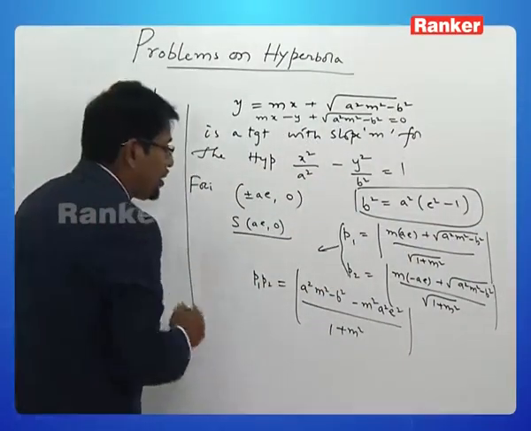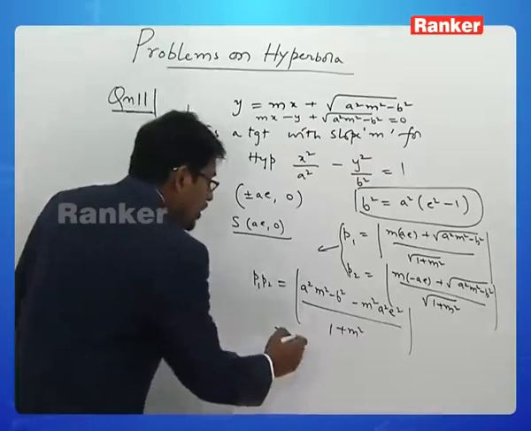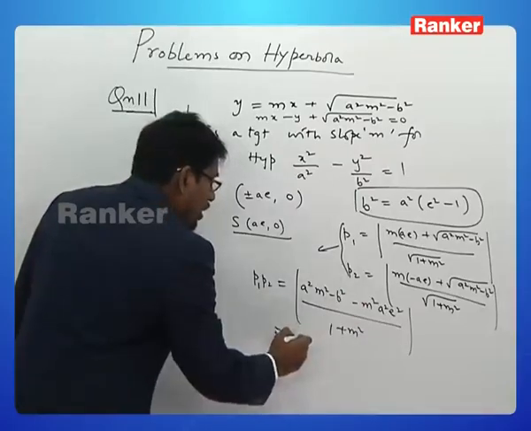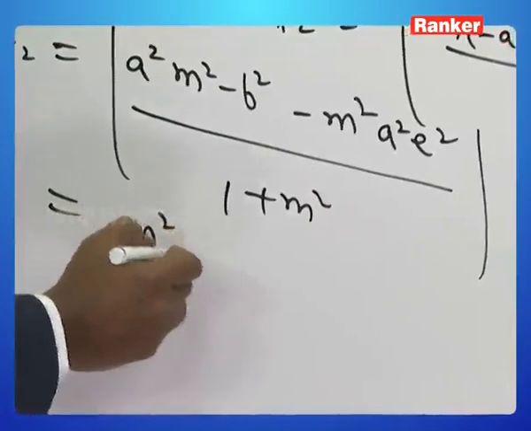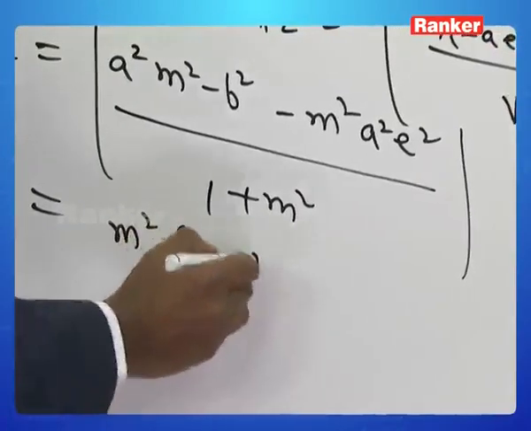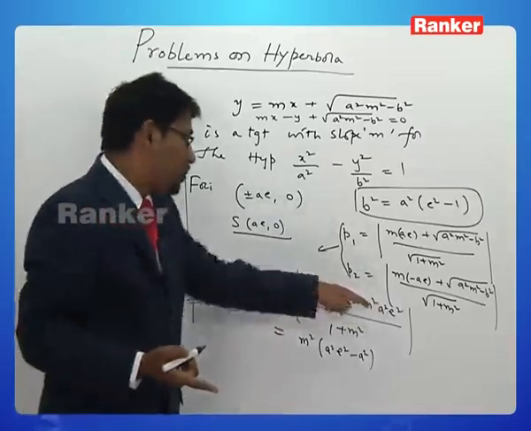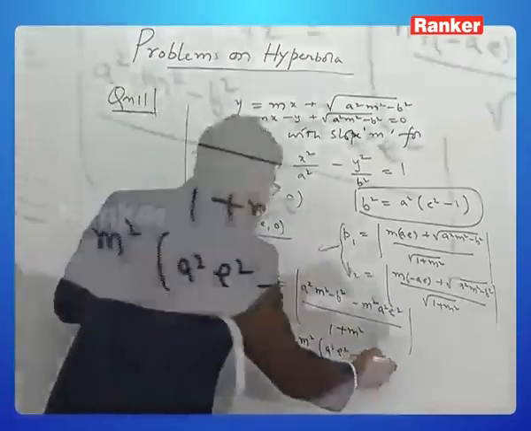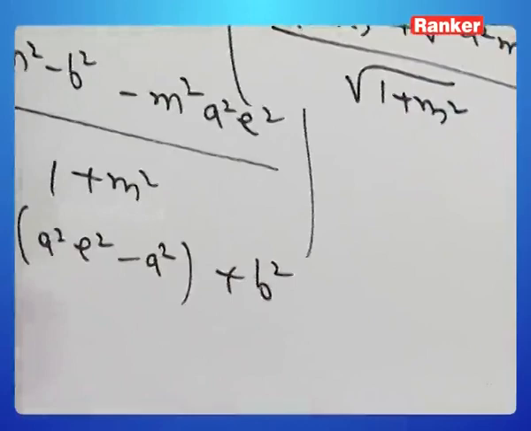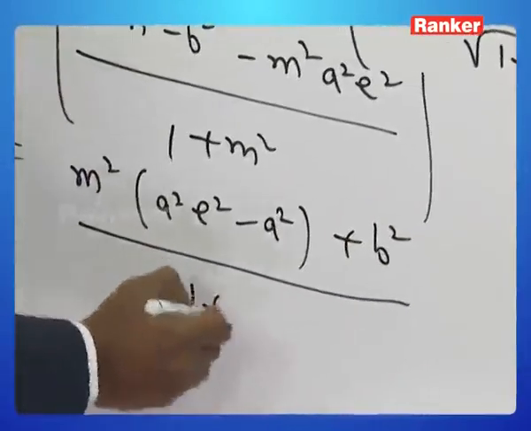We can even rewrite this in the form of m square into (a square e square minus a square), I'm multiplying the entire thing by minus 1, plus b square, divided by 1 plus m square.